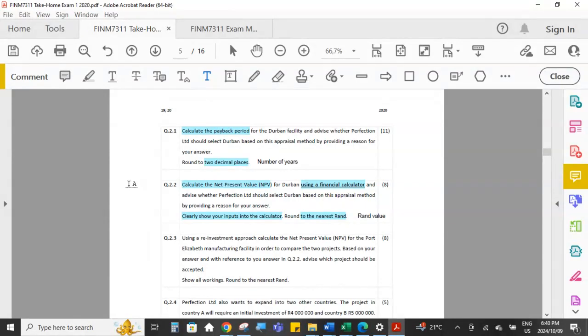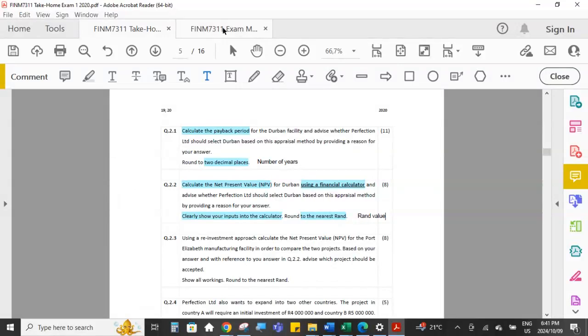Mixed stream of cash flows means that the rand value of each year's cash flow is different, but they will give us the cash flows for each year. They have to give us an interest rate, cost of capital, required rate of return, WACC. They have to give us that so that we know what percentage to use to discount the cash flows, and we then calculate the present value of the cash flows.